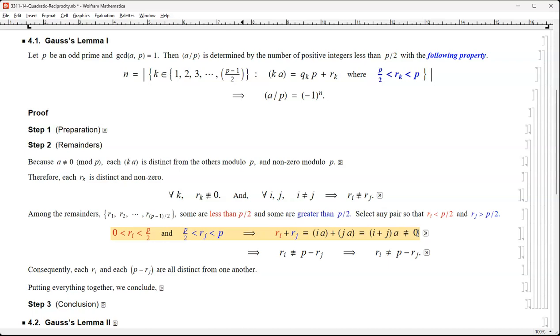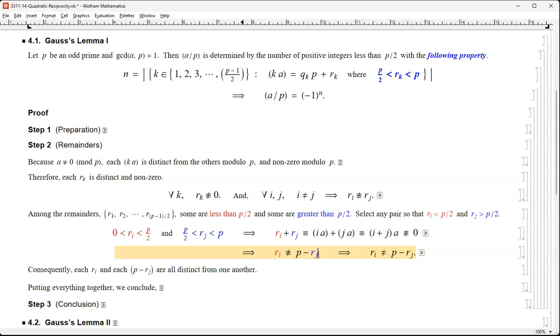Look what comes next. Flip R_j to the other side and you're going to get this: R_i is different from 0 minus R_j. What did I do? I flipped this R_j to the other side. But then again, let's make an additional adjustment. 0 is congruent to p.